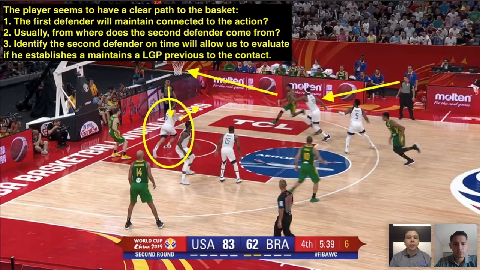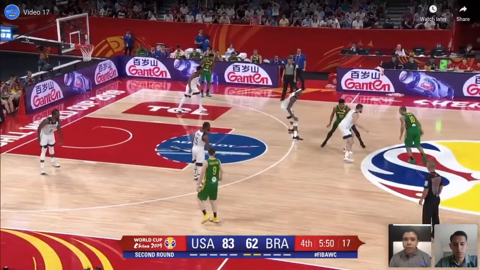So let's see, the player is here. I don't have any need to watch the offense. I need to watch who will be the next defender to step between that offensive player and the rim. So let's watch what continues.